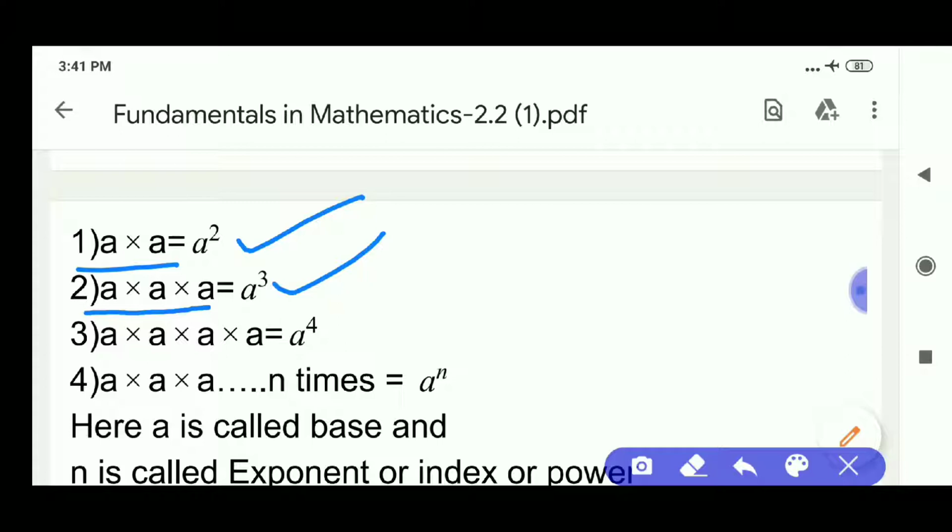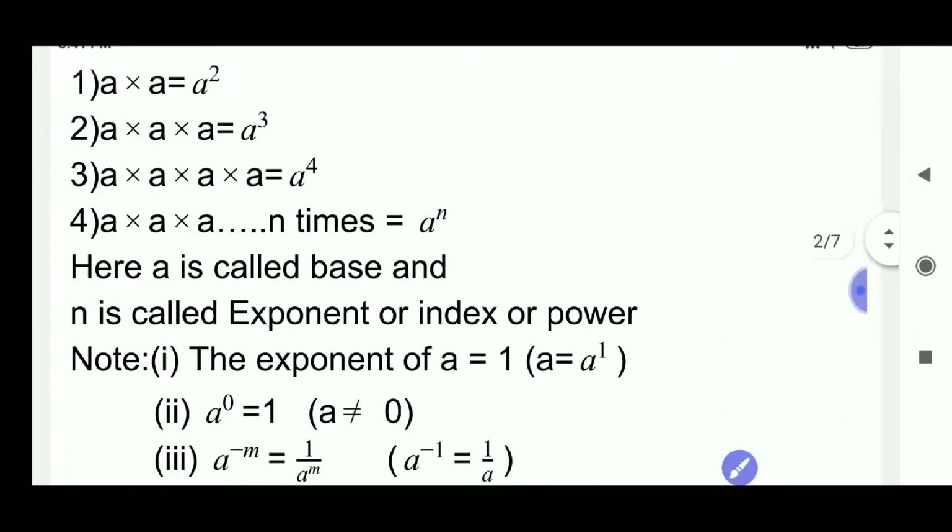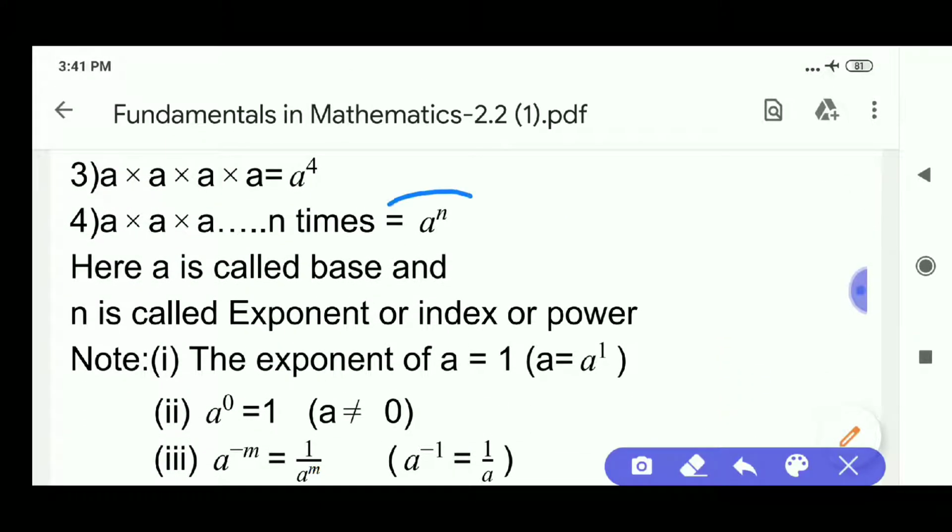A into A into A into A is A power 4. Similarly, A multiplied n times is A power n. And here in A power n, A is called base and n is called exponent or index or power.